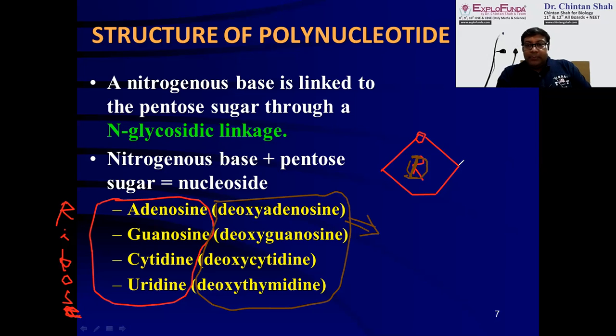Now I'm talking about the bond which is known as a glycosidic linkage. So where is it? The glycosidic linkage is over here. This black colored one is known as a glycosidic linkage.